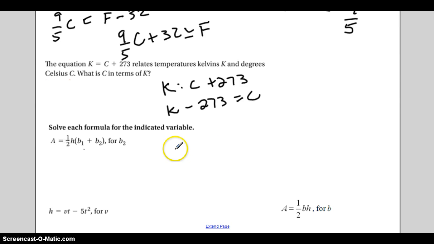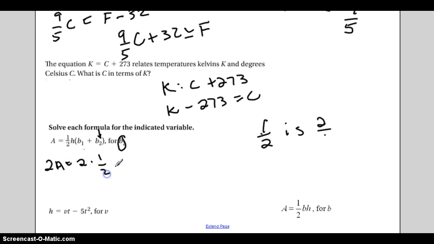Let's take a look at one a little bit more involved. Here we want to get b sub 2 by itself, this one right here. So what we're going to do is get rid of this fraction first. The reciprocal of 1/2 is 2/1. Simplify.